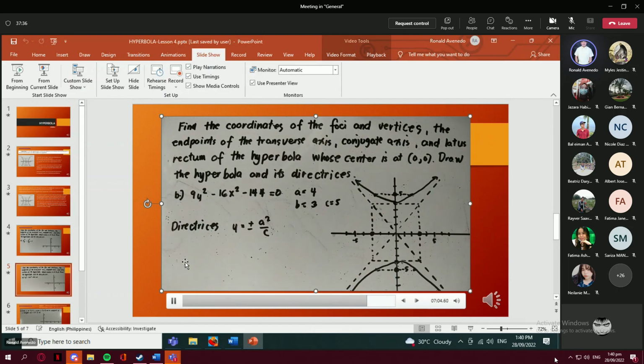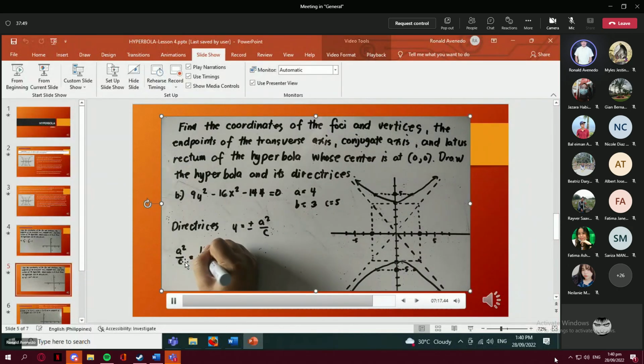For the directrices, the guide is y is equal to positive negative a squared over c. And a squared over c, a squared is 16 and c is 5, which is equal to 3.2.